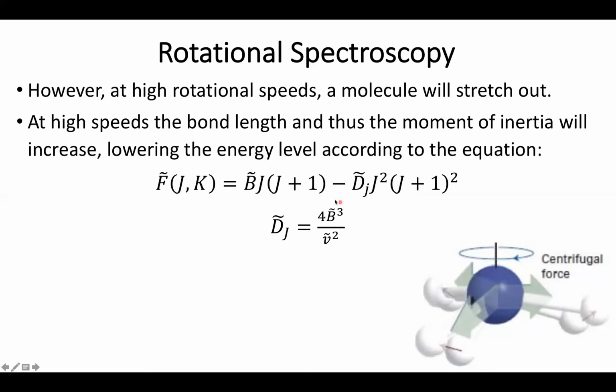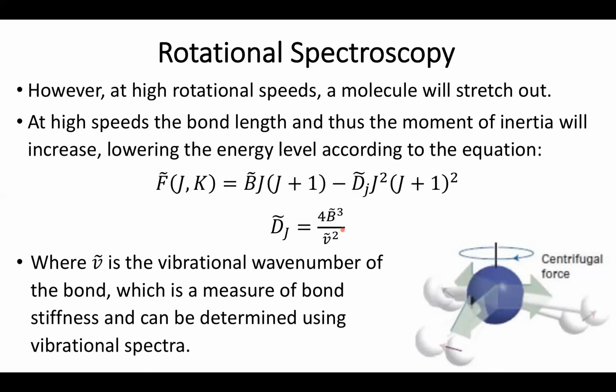And it's going to focus on essentially my original rotational constant, which will give me an estimate as to the original moment of inertia. And then it ends up factoring in a vibrational wave number. We're going to talk about this a little bit more next time when we're talking about vibrational spectra, because you can actually get this number straight from a vibrational spectrum.